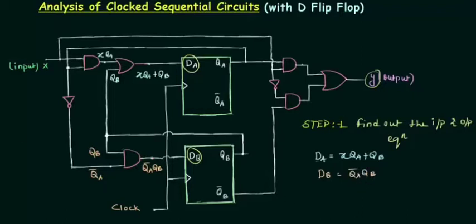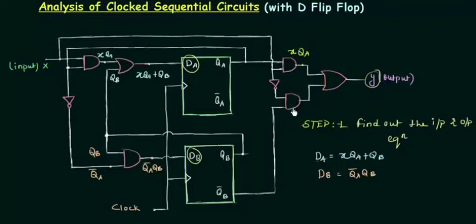Now we will move to the output equation, the expression for y. For that we have to find out the output of this OR gate, and the input to this OR gate is the output of these two AND gates. So first I will find the output of these two AND gates. For this AND gate, the first input is QA directly, and the second input is X, so XQA.